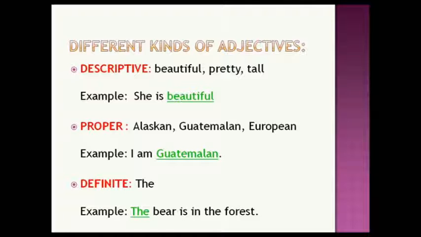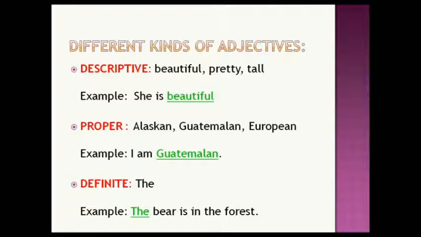But we have a lot, for example, short, big, small, thin, fat, yellow, long, large, expensive, easy. So the descriptive adjectives have the function of describing what the noun is like. So in this case I show you some examples.